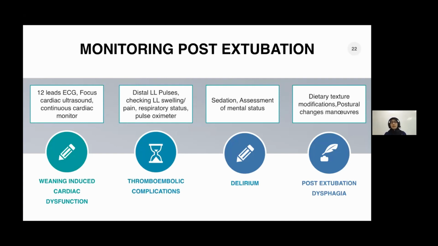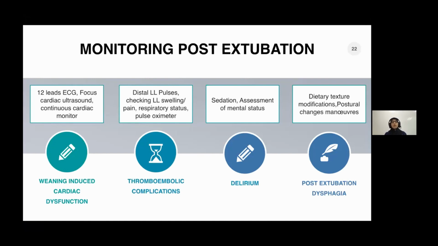Can start off with clear fluid and then soft diet, see how it goes with this change of dietary modifications. Sometimes postural changes and maneuvers are also very helpful in these types of patients. Meaning that if the patients are lying flat on the bed, you can prop the patient up 45 degrees or 60 degrees to improve the post-extubation dysphagia. Right.